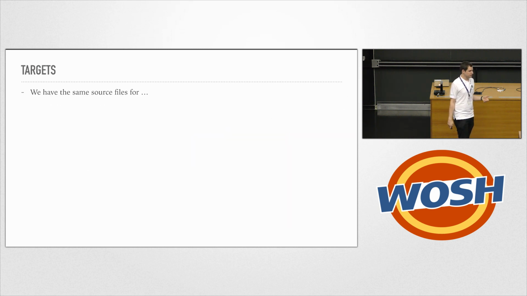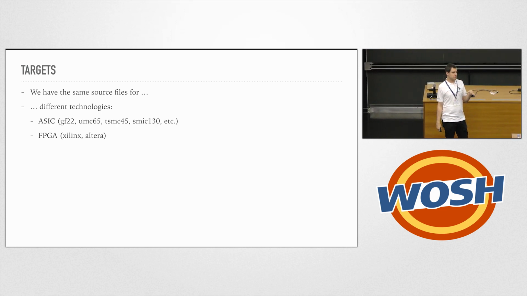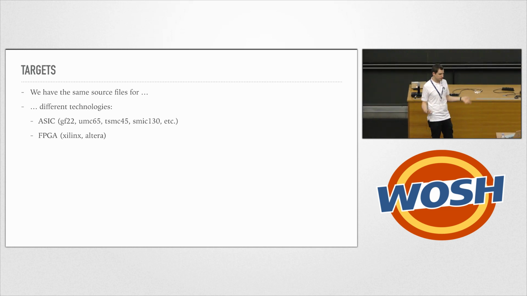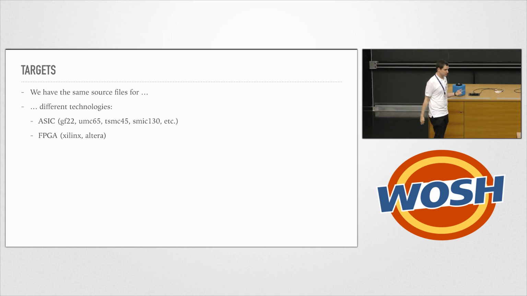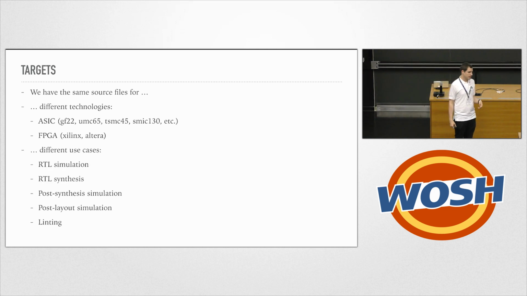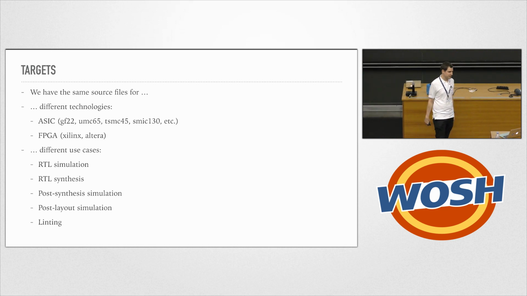And then there are also other features that are available, for example, targets, which have a specific use, and that is that we have different source files for different technologies. We're targeting some ASICs, there are different ASIC targets that you need to support. You're targeting FPGAs, there are different vendors and architectures, and then there are different use cases. You want to do RTL simulation, RTL synthesis, where you probably don't need any verification IP.